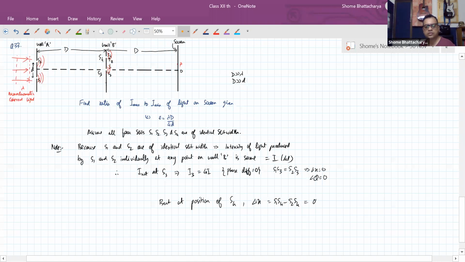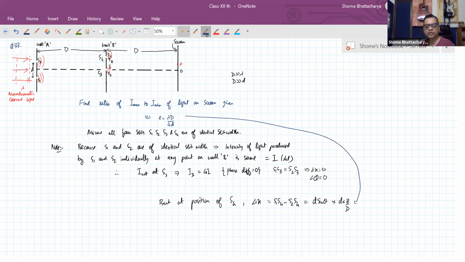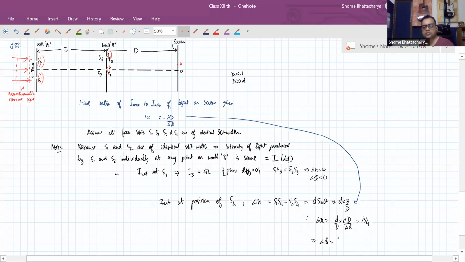That will be your small d sin theta, which is approximately d into z by capital D. So it will become like this. Now you bring in this quantity which is given here. So that path difference at that point is becoming small d by D into z, which is given to us as lambda times capital D by 4d. So it is lambda by 4. So that means the phase difference is pi by 2.